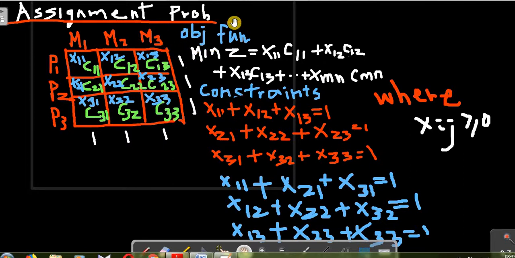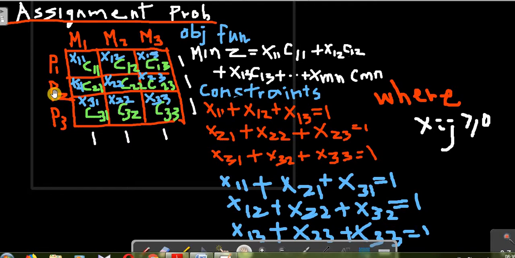Now in this particular problem, what is the objective function? We know that minimizing the assignment cost is our aim here. So the total cost: the assignment of P1 to M1 has cost C11. If you multiply X11 and C11, you will get the assignment cost for assigning P1 to M1. X12 and C12 give the cost of assigning P1 to M2. Similarly, the cost from P1 to M3 is X13 into C13.